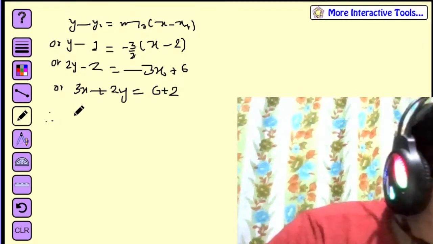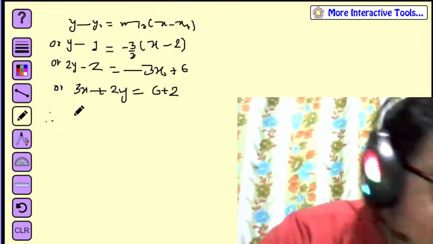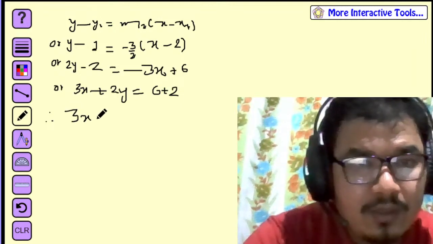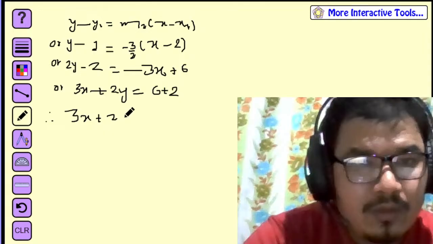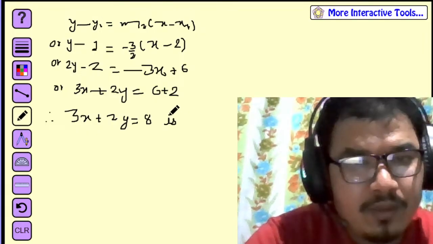The equation of the line is 3x plus 2y equals 8.